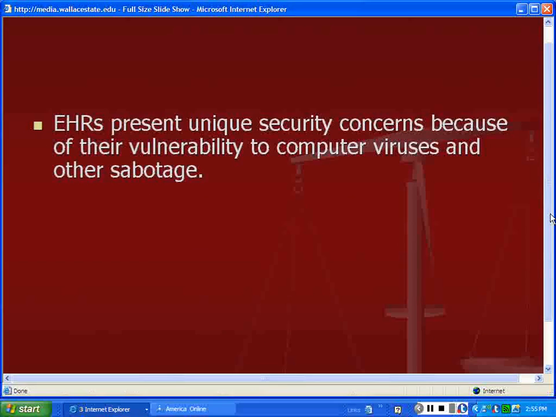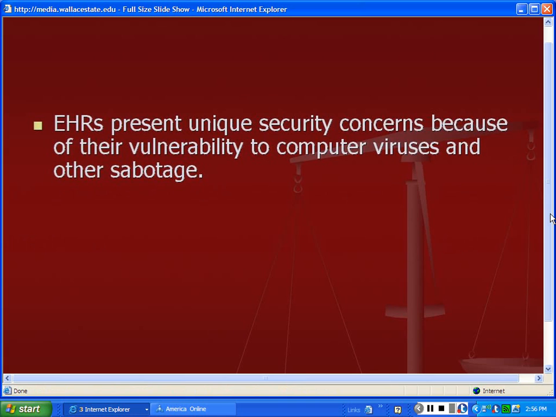Now, with paper records, we have security issues and concerns, but with EHRs, it's a whole new ball game. Anytime we have anything that can be transmitted electronically or kept electronically, we have security concerns because these electronic health records can be vulnerable to computer viruses, can be vulnerable to sabotage, but not always intentional.